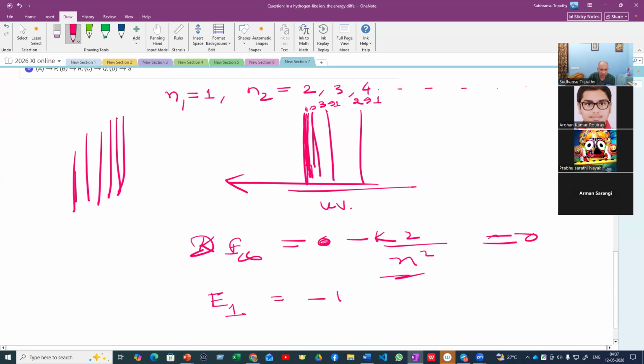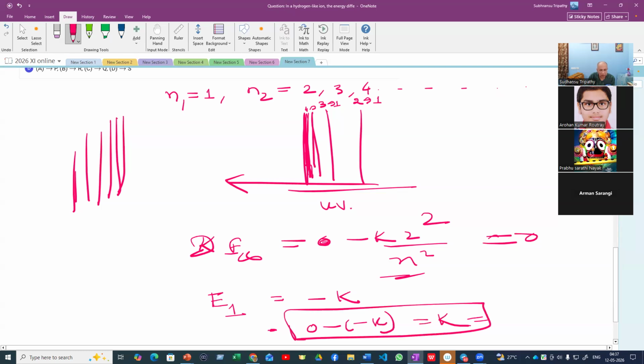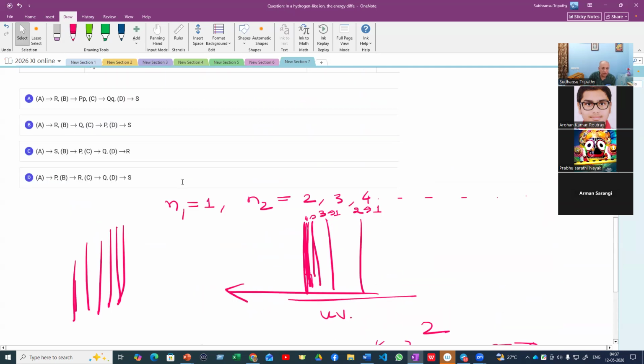Z square is 1, so minus k. Simply 0 minus (minus k) will be k, which is equal to hc by lambda. So we can find this lambda, the shortest wavelength in that overlapping region, the last one. We can calculate that. This is the Lyman series.